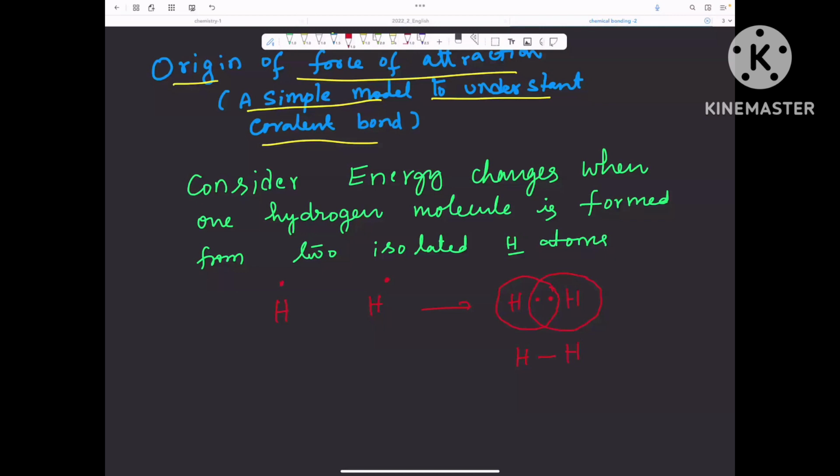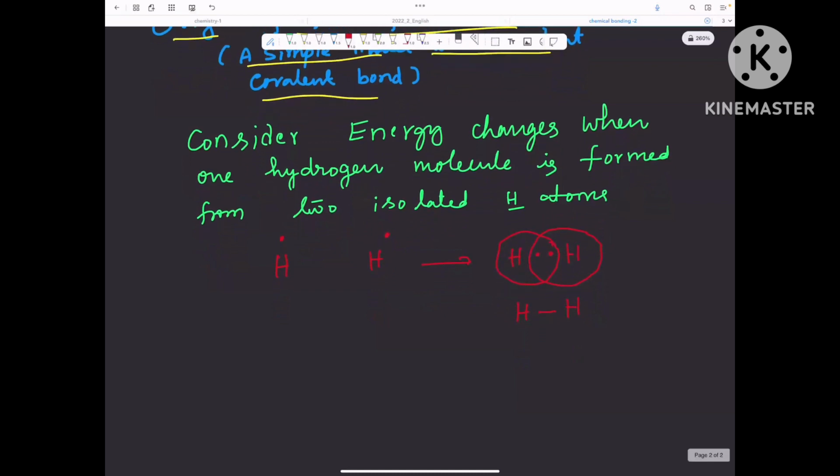So where do we get this force that holds the 2 hydrogen atoms together due to sharing of an electron pair? Here, an important thing to understand is that this bond should have 1 electron spin up and 1 electron spin down to follow Pauli's principle.